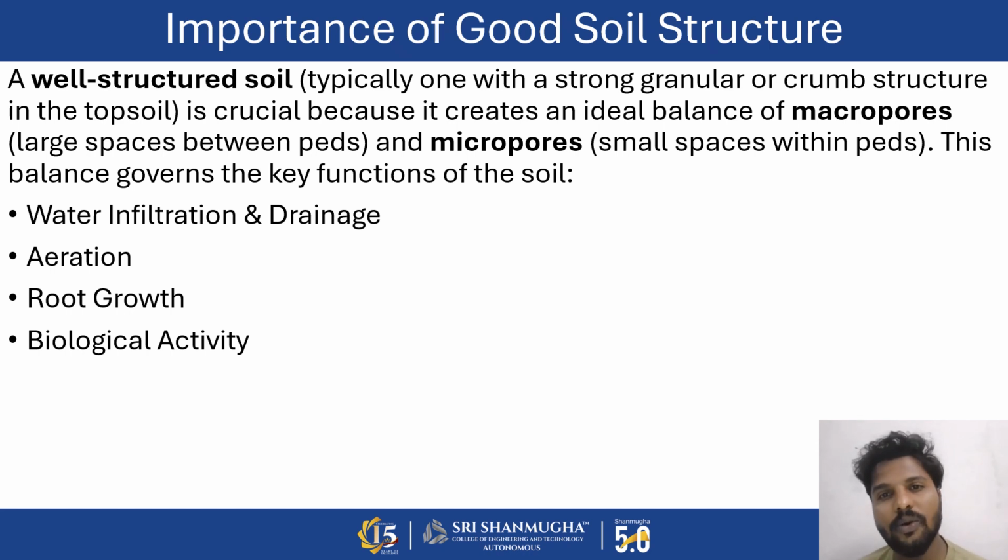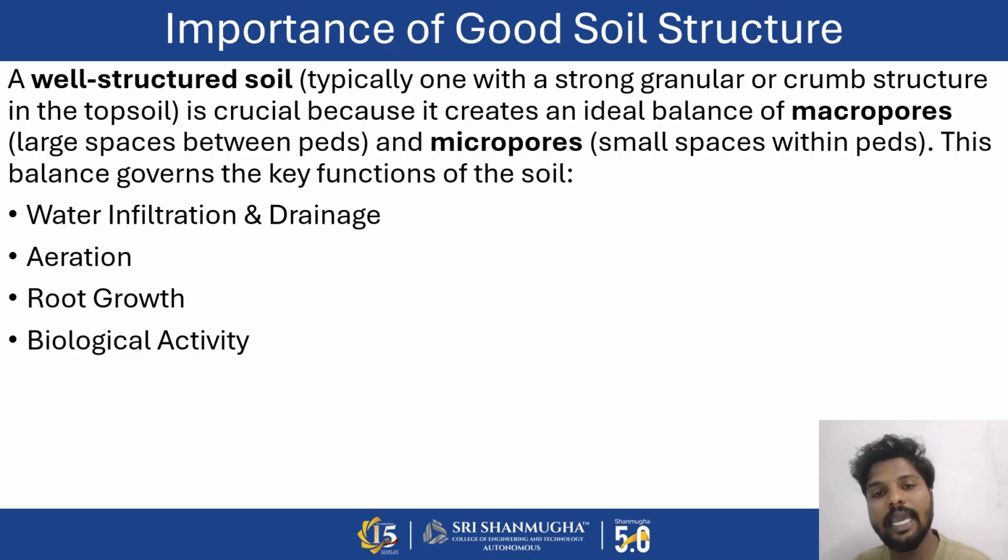These arrangements provide easy pathways for roots to penetrate deeper, ensuring good anchoring and maximizing their access to both the air in the macropores and the water and nutrients held in the micropores. In massive or compacted soil structure, roots face immense physical resistance, leading to restricted, shallow growth and reduced resource uptake.